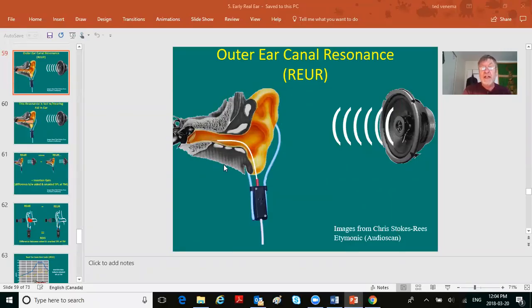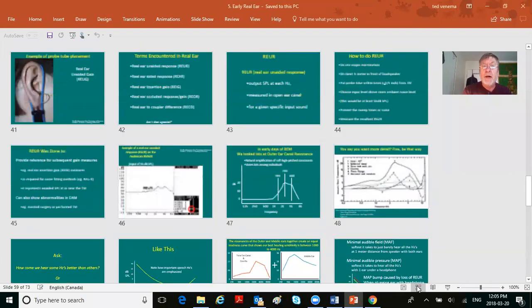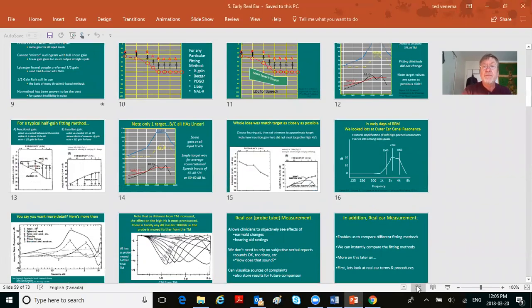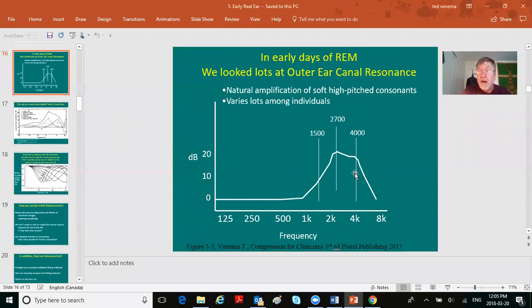So if the tube is like this, as is shown in this picture here, what will happen to my resonance? Well, if I go up here and look at this resonance, this 4,000 hertz area will be cut right off. I'll have a peak over here, but it'll drop, like my cursor, way over here. So, real ear unaided response, in other words outer ear canal resonance.